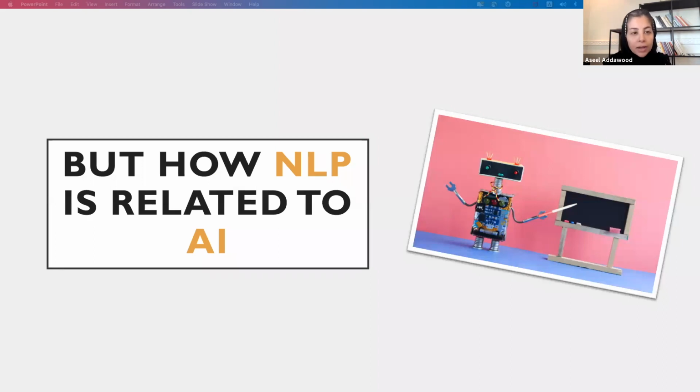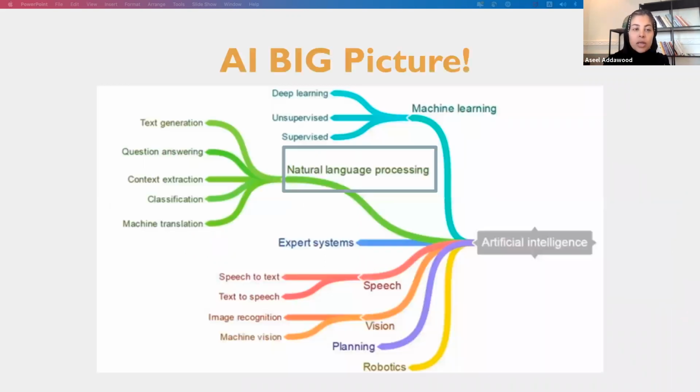But going back to the big picture that I referred to in the beginning, how NLP is related to AI or artificial intelligence. This is a really great visualization that shows how artificial intelligence is related to natural language. As I put a box around the field of natural language processing.